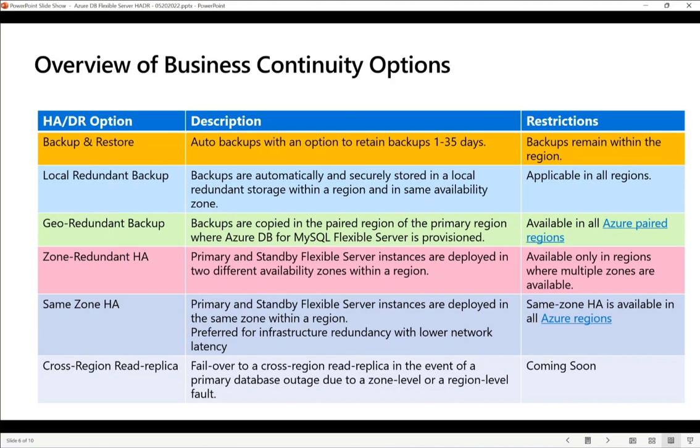So in case there is an outage or an impact in the primary zone, we will automatically fail over to the standby instance. And because we have a DNS, we will update the DNS, and you don't have to update your application connection strings. As long as your application has a retry option, it will automatically connect to this new database instance.